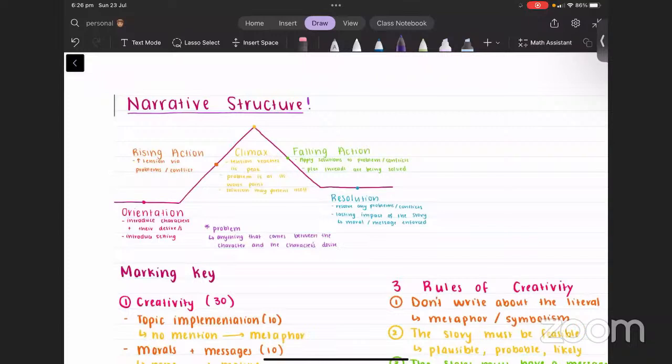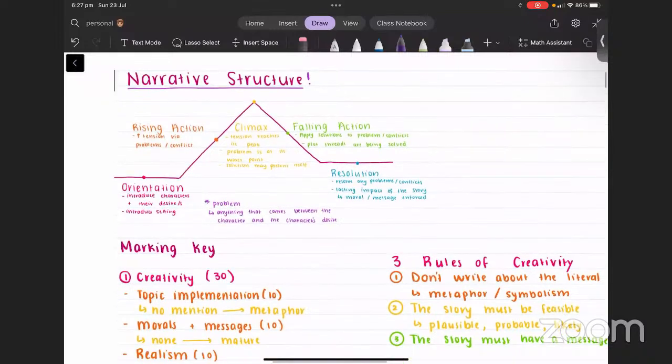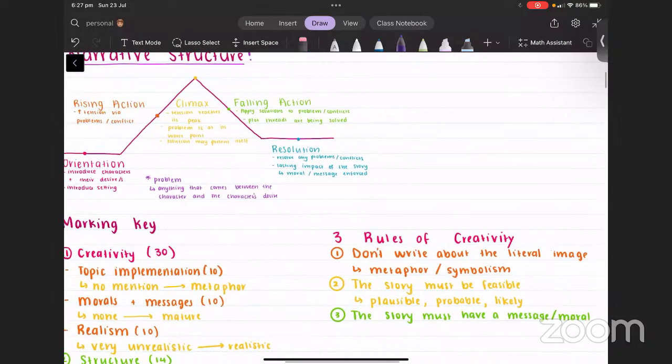And finally, you have your resolution, which is where you've resolved your problems and you really enforce your moral or message. Hopefully you learned in class about the 3 rules of creativity. The third one is that it must have a message or moral. You can use the resolution to have a lasting impact on your reader.